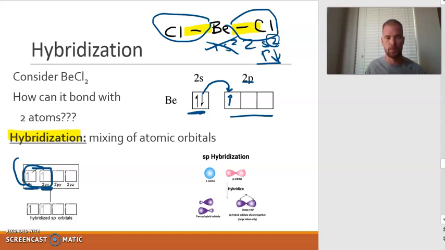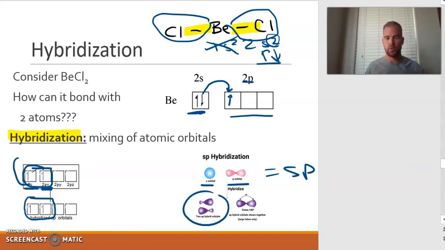So those two orbitals are going to mix. So what did we mix? We mixed an s orbital and one of the p orbitals. So we end up getting the hybrid orbital of sp. And what I want you to note there is it's not just one, it actually creates two of them. So that's what's shown right there. These two sp orbitals are created right there.